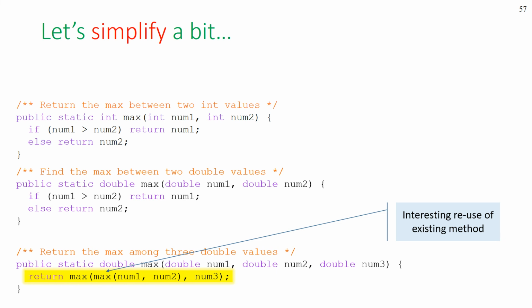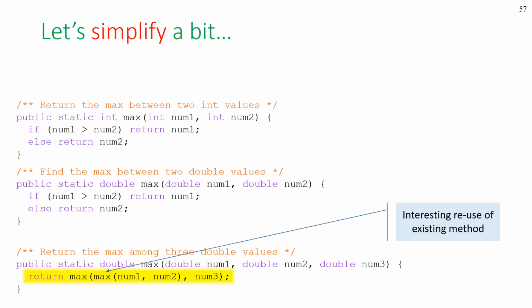And then, just to have a little bit of fun, I don't want to keep rewriting the same thing over and over. I did already if num1 greater than num2, return num1, return num2. I did it again here. I could have done something very similar here with just one more level of if else.